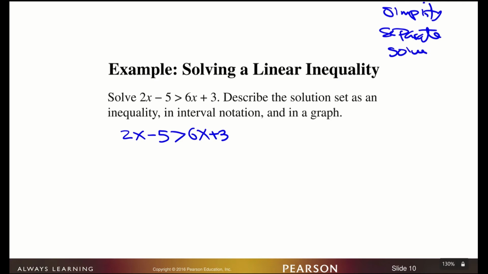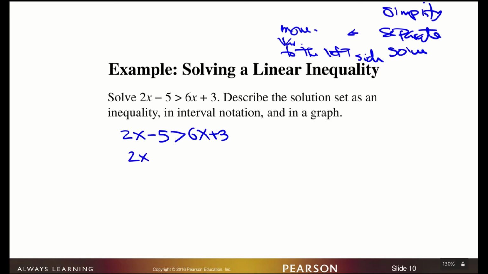So now there's no simplification needed on either side, right? There's no like terms you can combine. We're ready to separate, but remember here we're always going to move the variables to the left side when we're dealing with inequalities. It'll make the interpretation of what the solution is much easier.